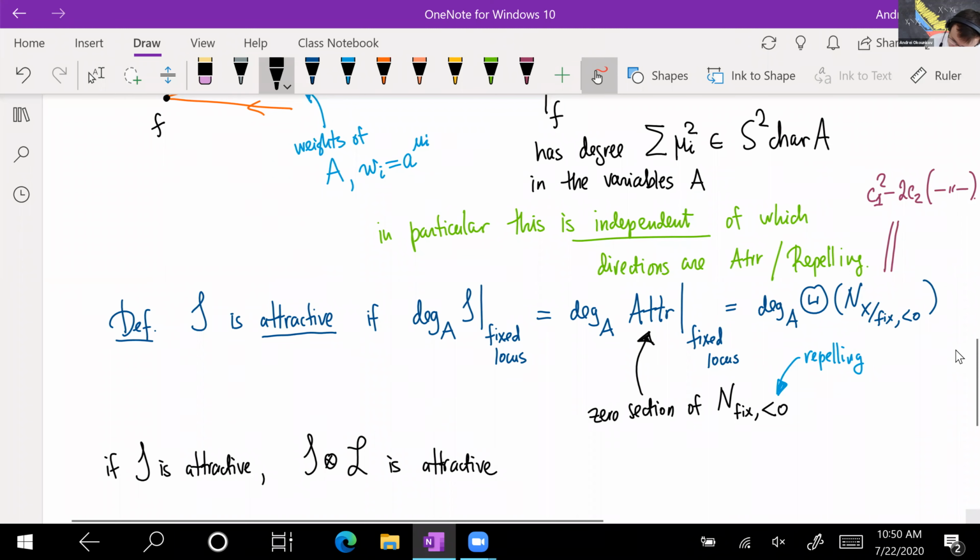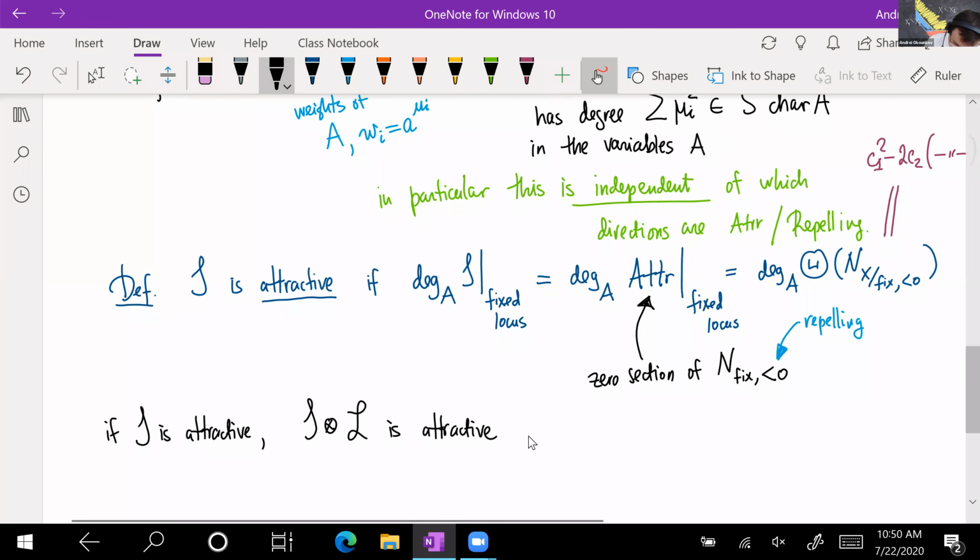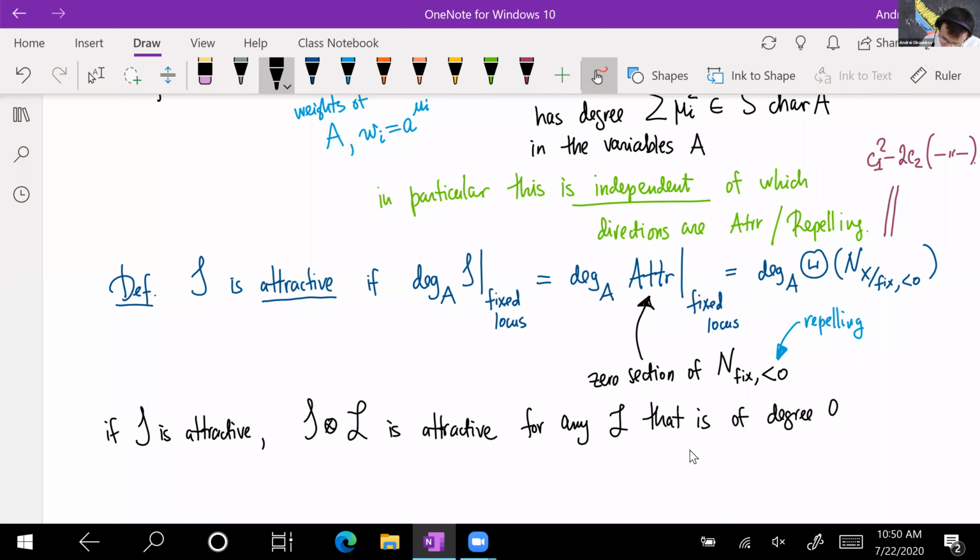For any L that is, well, of degree 0 algebraically, algebraically equivalent to 0.